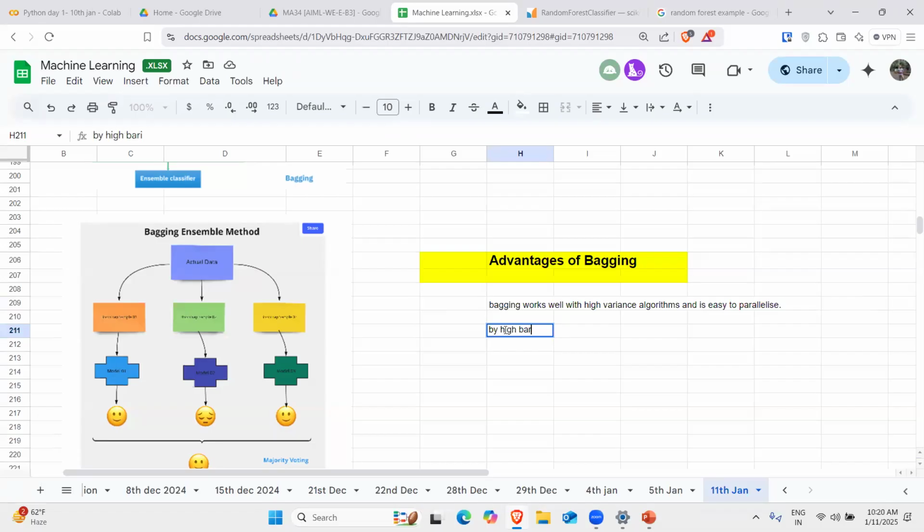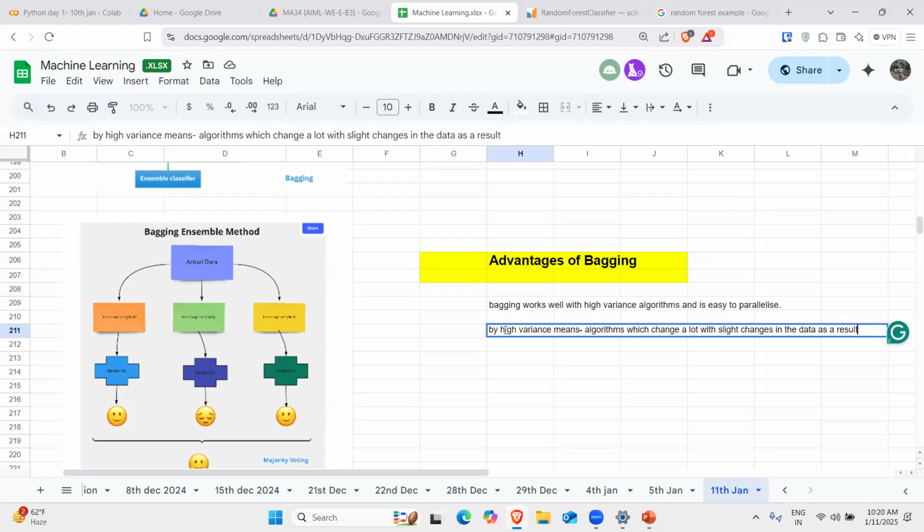By high variance we mean algorithms which change a lot with slight changes in the data, as a result of which these algorithms very easily overfit if not controlled.